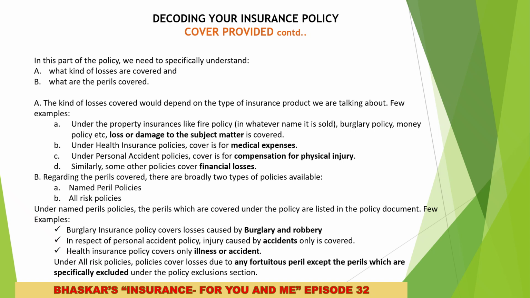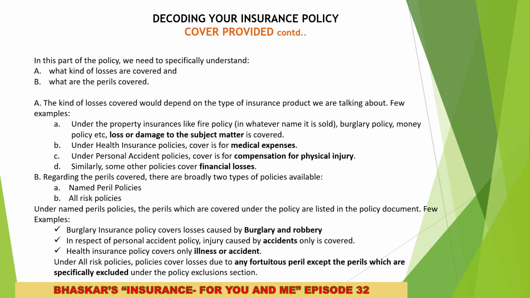Regarding the next point, that is what are the perils covered, there are broadly two types of policies available: named peril policies and all risk policies. Under named peril policies, the perils which are covered under the policy are listed in the policy document itself. A few examples: a burglary insurance policy covers losses caused by burglary and robbery.